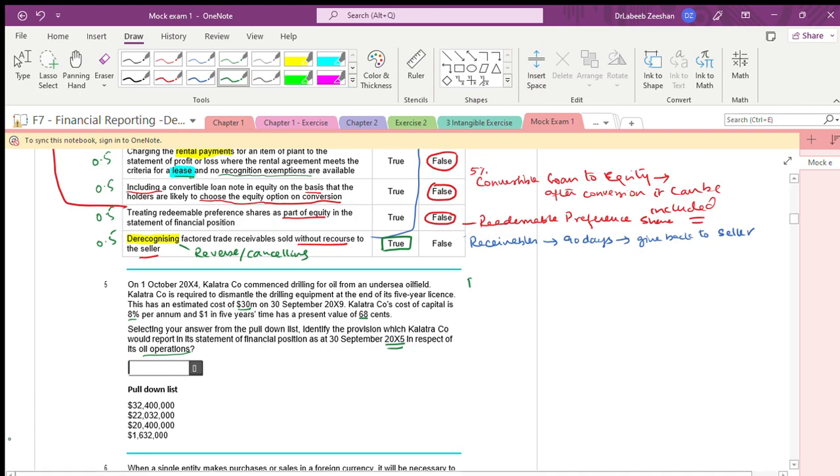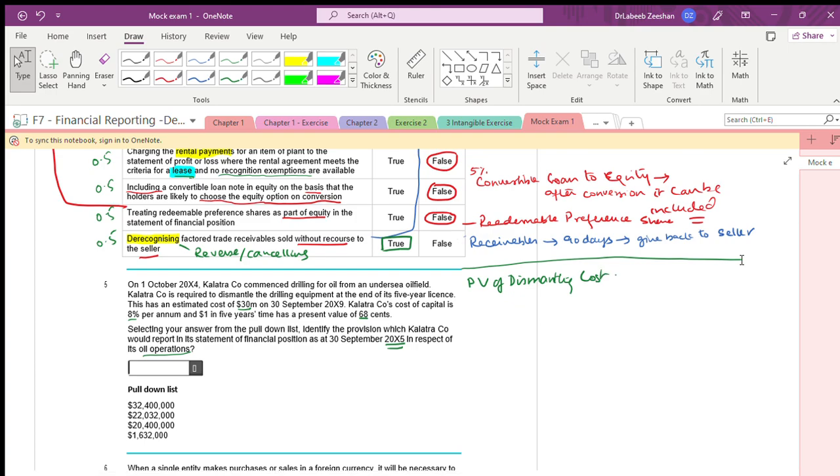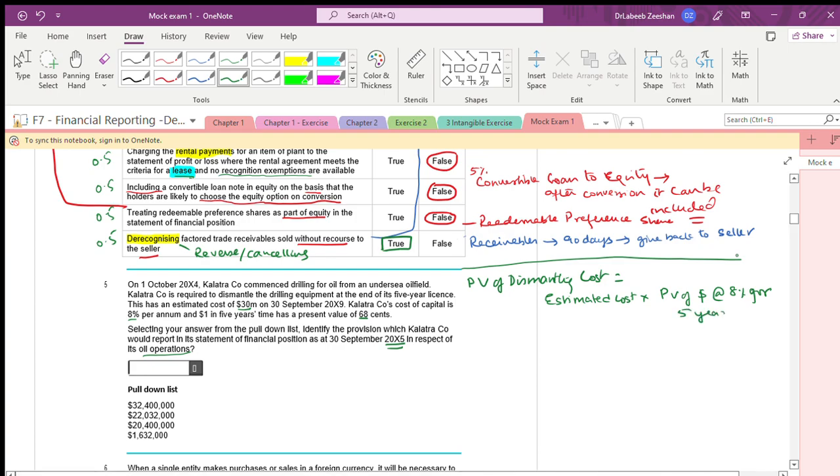Present value of the dismantling cost is the estimated cost times the present value of a dollar at the rate of 8% for 5 years.